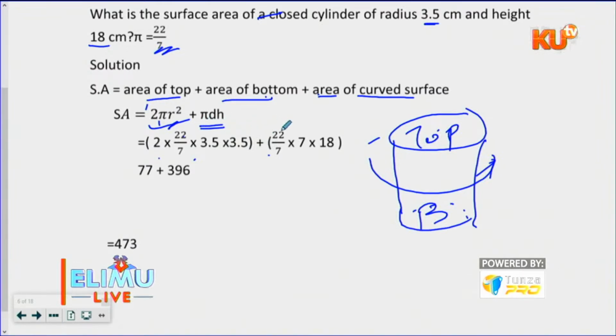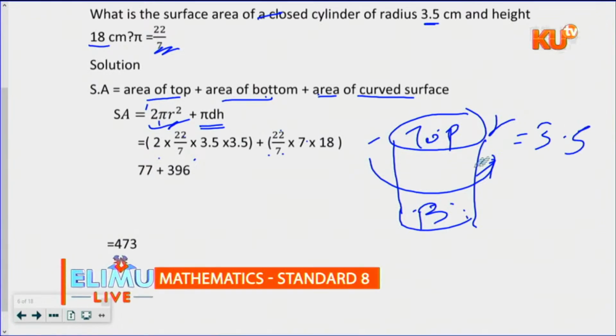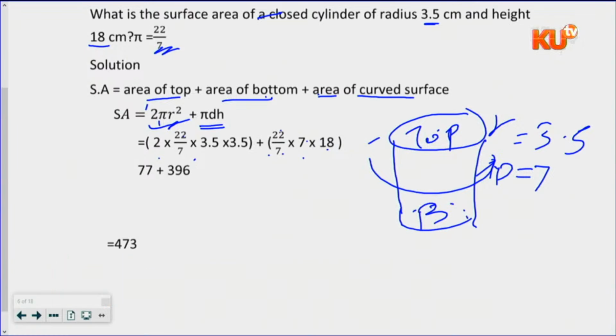So pi, 22 over 7, times 7, because the radius is 3.5. Therefore, the diameter will be 3.5 times 2, which is 7. So, times 7 times height, which is 18.